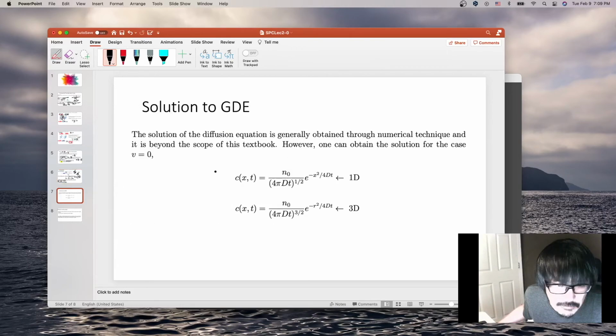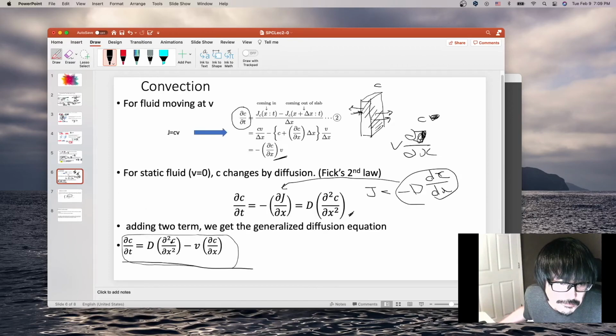And I'm going to talk about only the easy solutions, when the speed of the fluid is 0. If that's the case, you have these solutions. For the 1D case, this equation right here, if you put these things into the C in here, then the left hand side is equal to the right hand side.